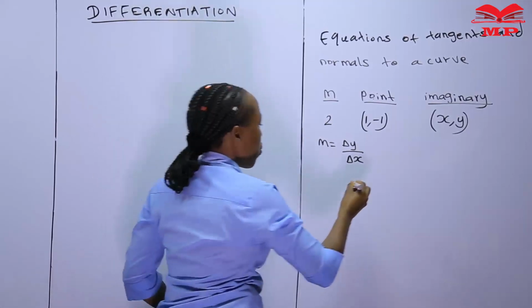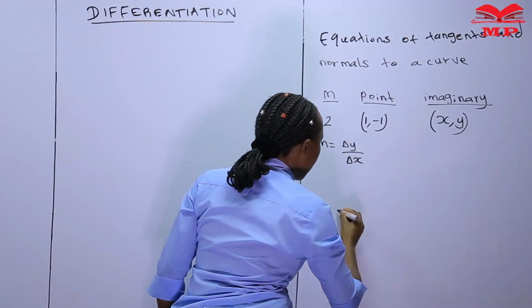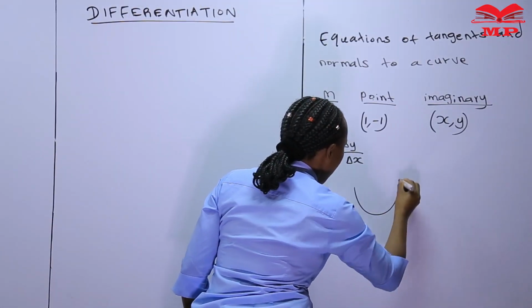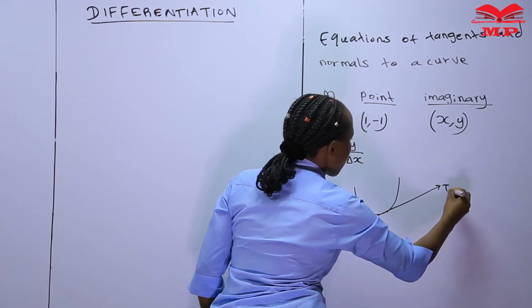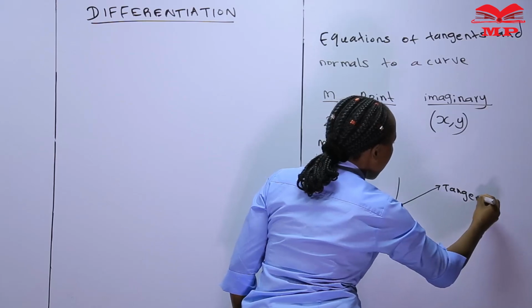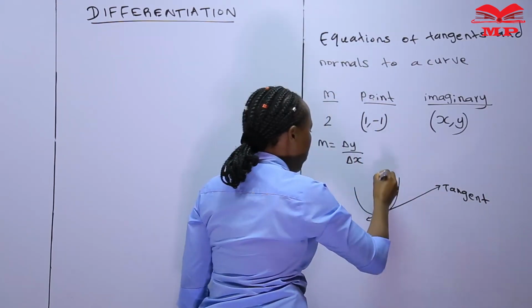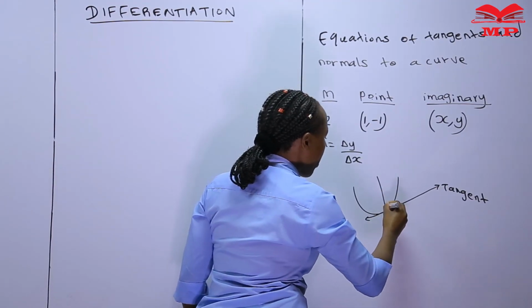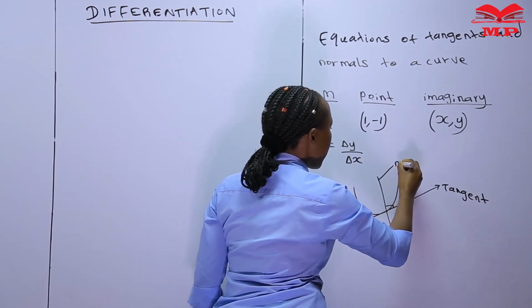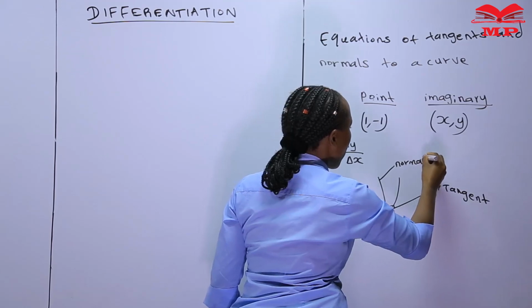Then remember, we also say that when we have a tangent, if I have a curve and there is a tangent here, if I draw a line that is passing through the same point and perpendicular to the tangent, this line is referred to as the normal.